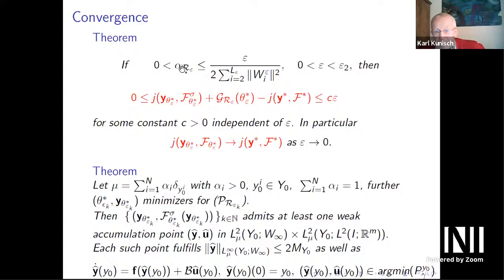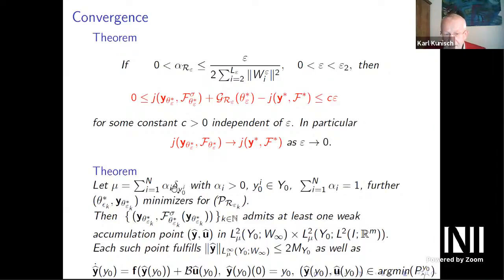If the regularization parameter is appropriately sent to zero, what about the convergence of the neural network approximated optimization problems to the original one? They converge from above, of course, and with a certain rate. In particular, we have convergence of the value functions, the J. It is much more delicate to have the controls and the states converge.